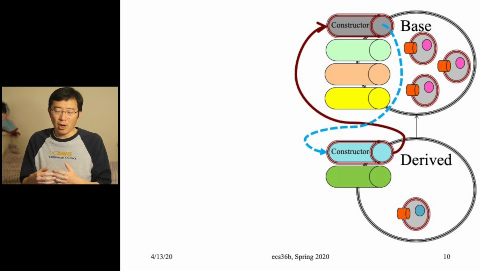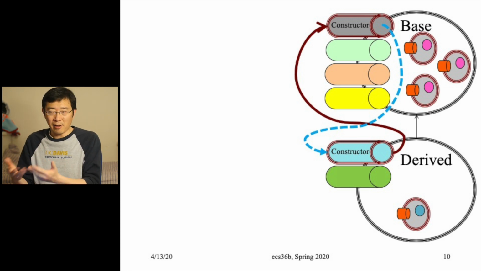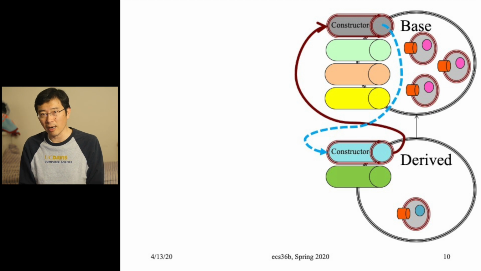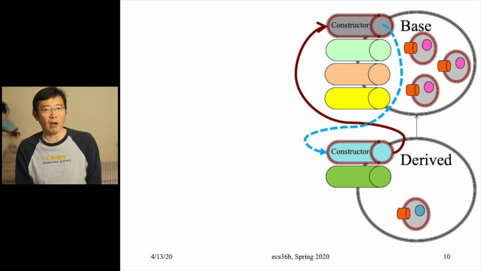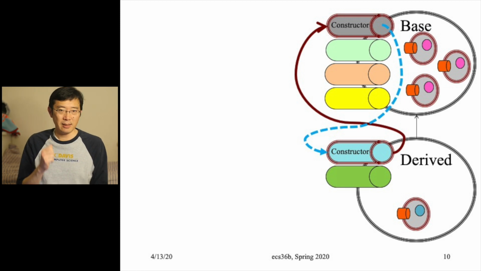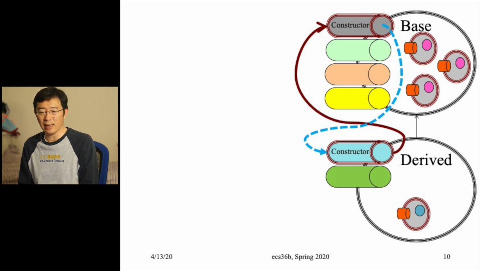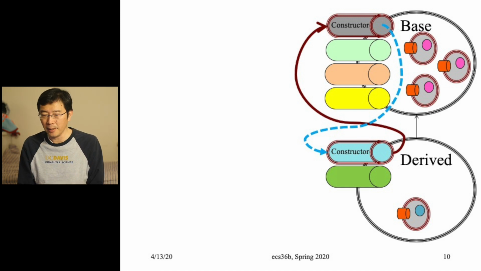But also, sometimes you need to think about the destructor when you want to delete the object. So it's reverse order. When you want to delete the object, you first call the destructor of the derived, and then you call the destructor for the base. All right, that's the idea.